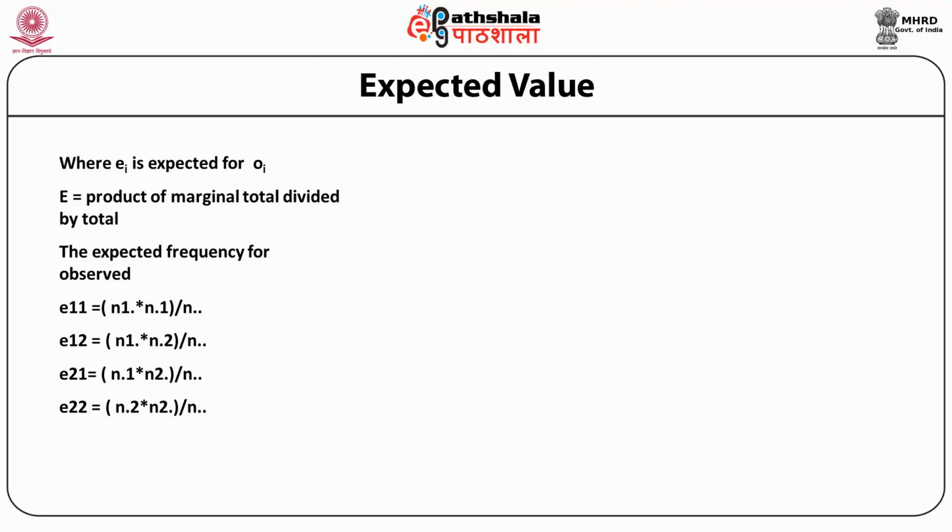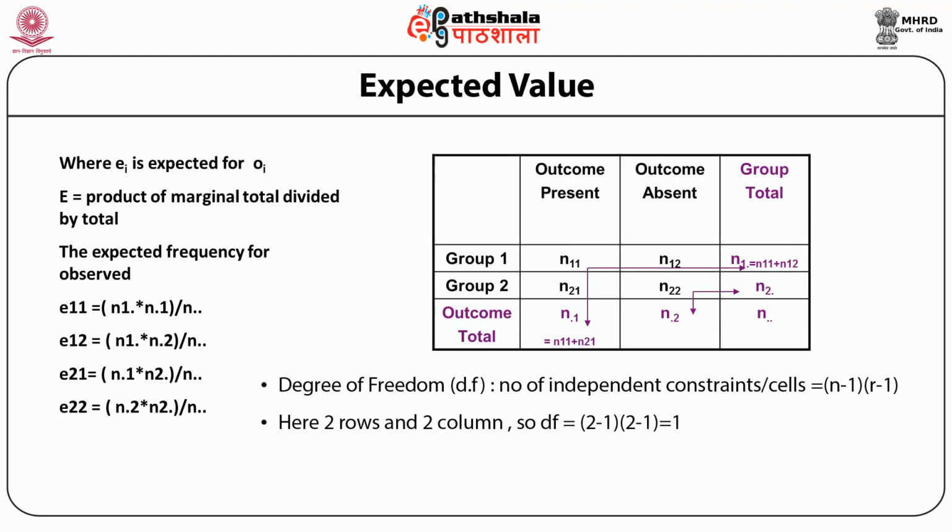How do we find the expected value in the chi-square table? Suppose we look at the table. Under the group 1 outcome column, N11 is the first value. How do we calculate the expected value of this observed N11 value?